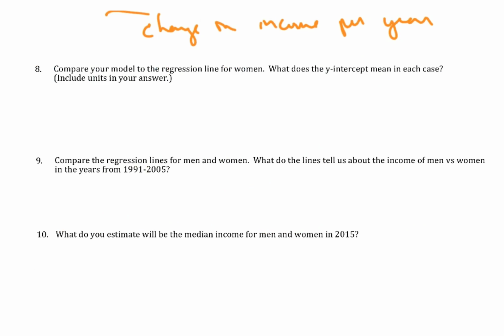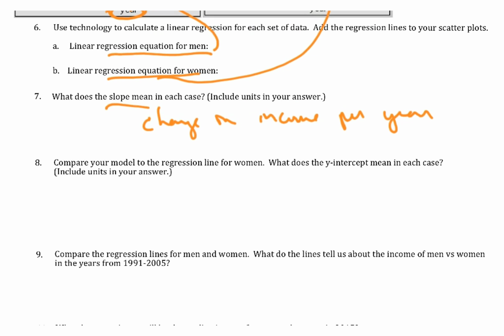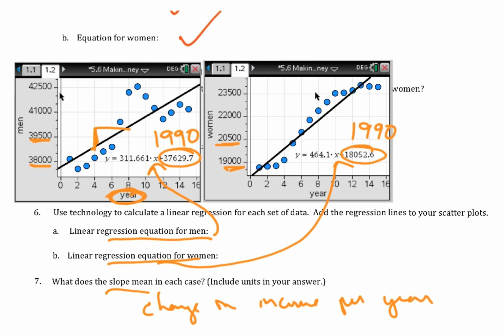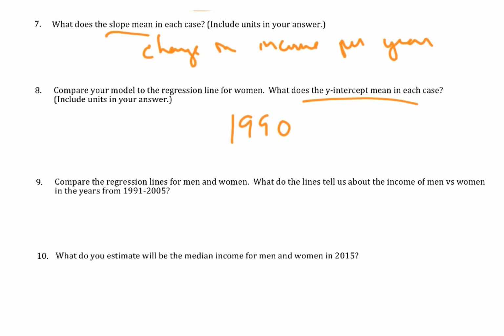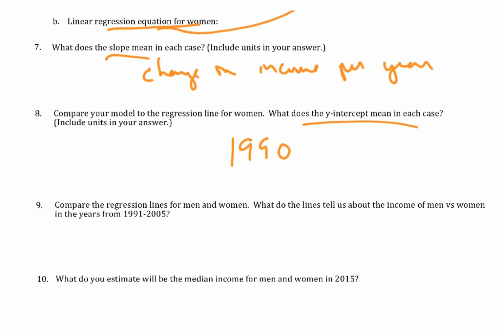So the y-intercept was at 1990. So compare them. What do the lines tell the income between these years? Well, it tells us that men started out higher but are growing slower, whereas women started lower but are growing slightly faster.